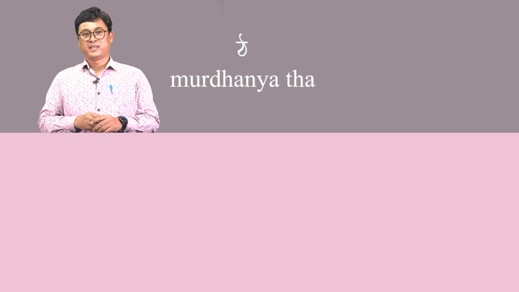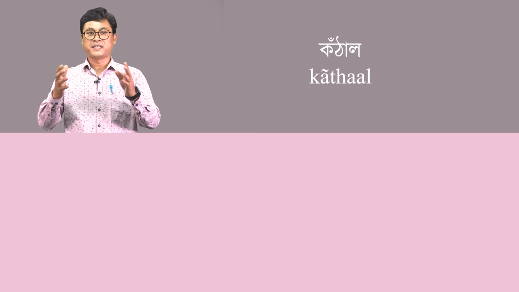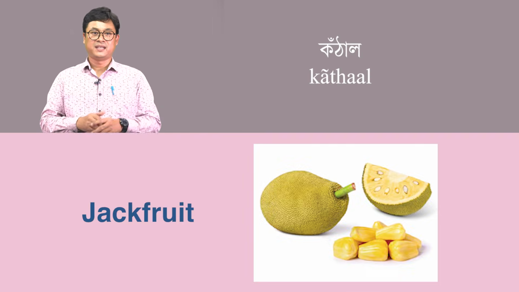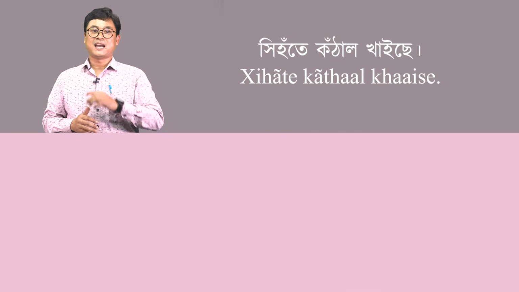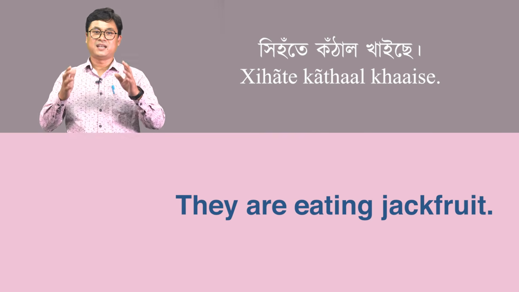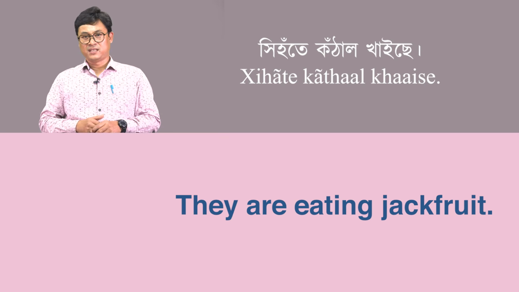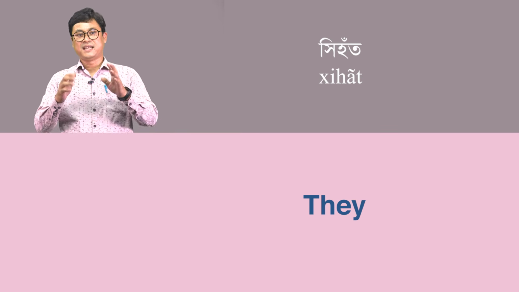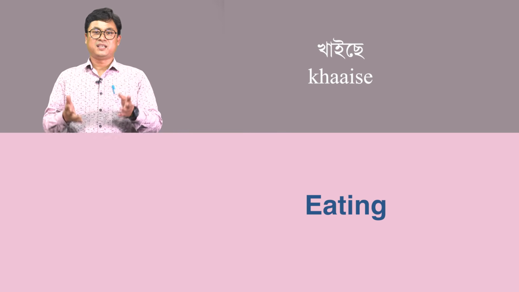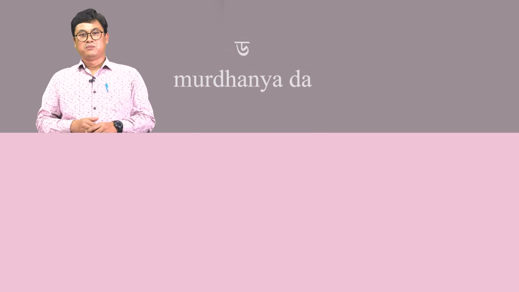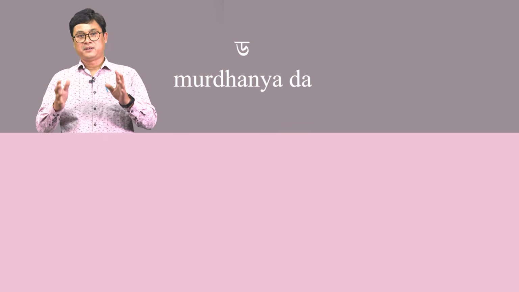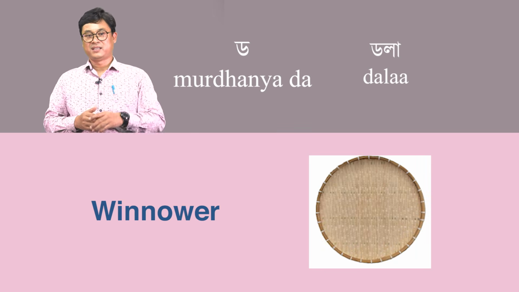Mudhanya tho for thani, that means branch, and kothal, that means jackfruit, as in hihote kothal khaise, which means they are eating jackfruit, where hihot means they and khaise means eating in this particular sentence. Mudhanya do for dola means winnower.